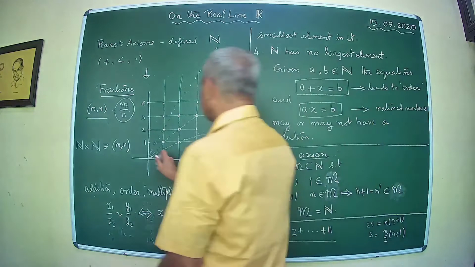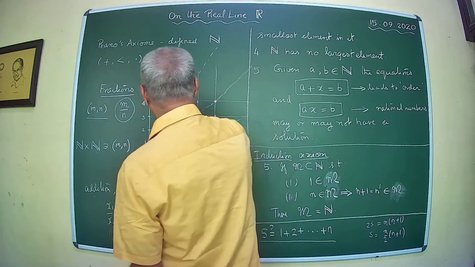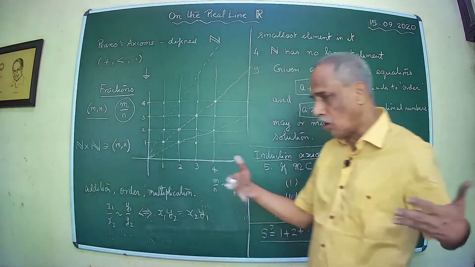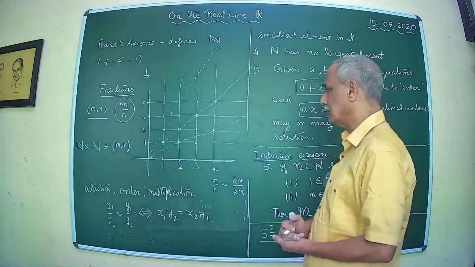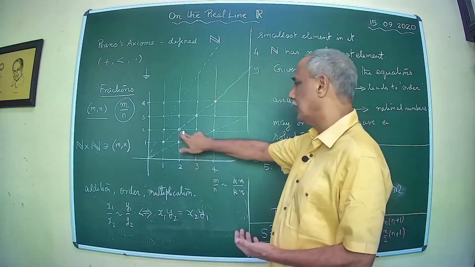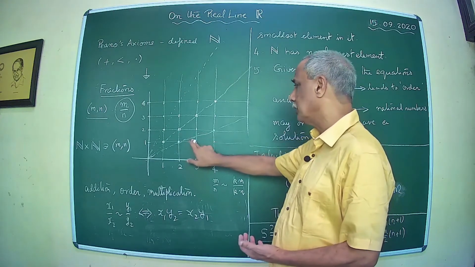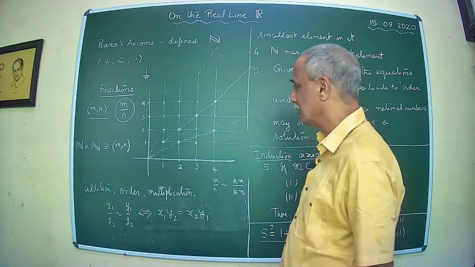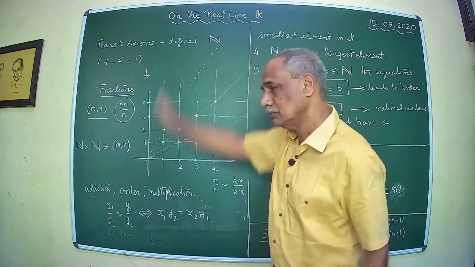Therefore, you have these lines. The lattice points lying on these lines are all related through this. And if you have a lattice point on this line and a lattice point on this line, they are not related. Okay? So you have now classified all the lattice points.